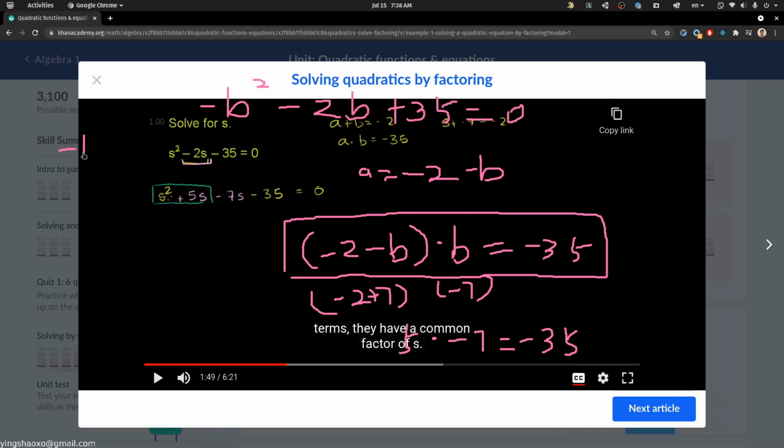For this one, negative 1, or that's not right. Say a plus b equal to negative 2, and a times b equal to negative 35. So what I just found?